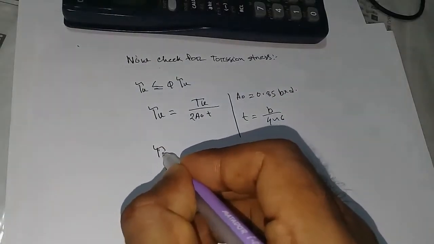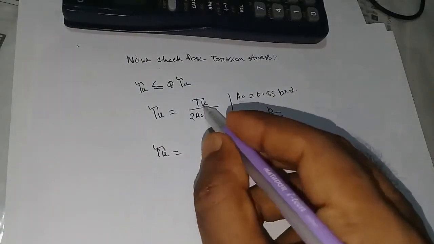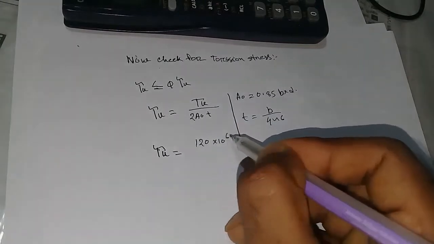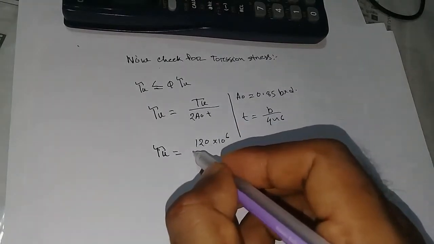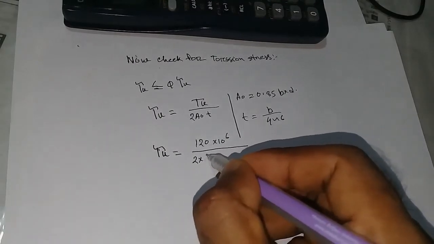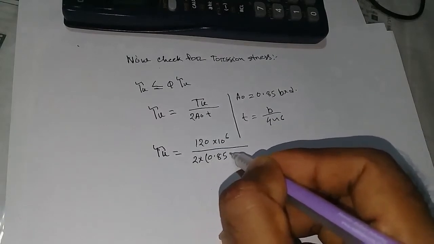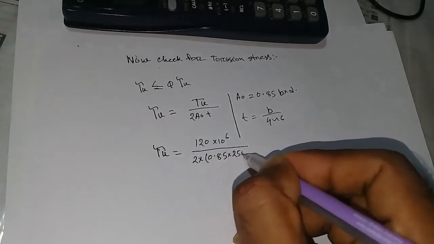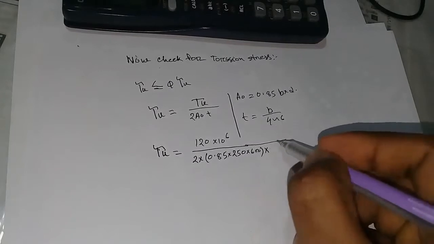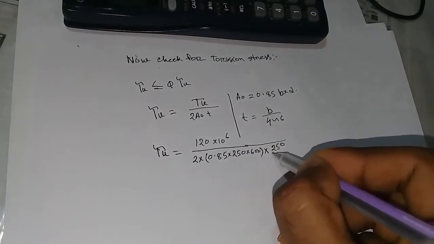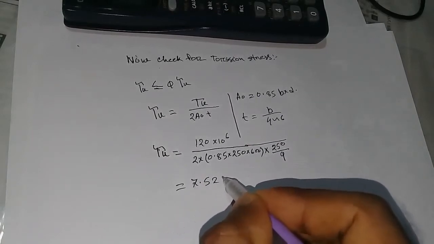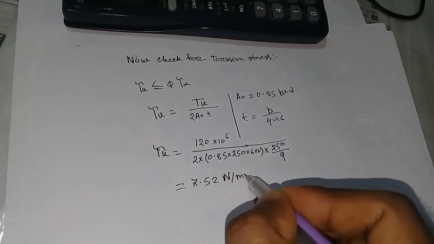Okay, tau u equals Tu, design torsion 120 into 10 to the power 6 Newton millimeter, to convert kilonewton meter to Newton millimeter. So 2 into 0.85 into 250 into 600 into 250 divided by 4, that comes 7.52 Newton per millimeter square.